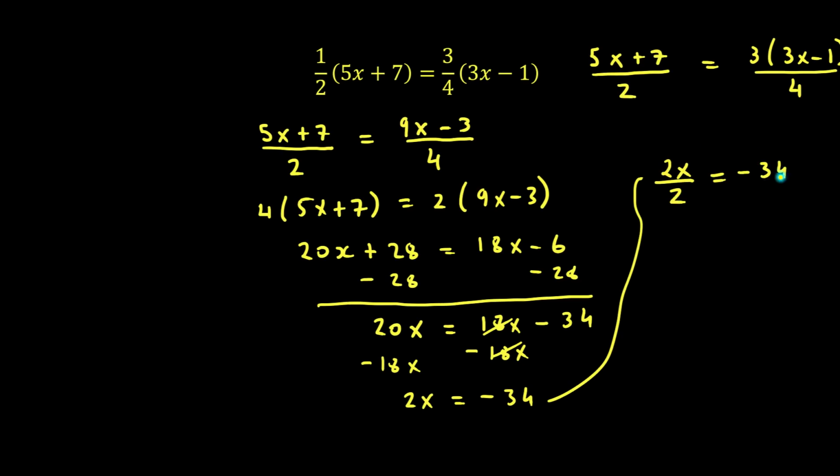So minus 34 divided by 2. So that would cancel. So that means x would equal, so there's a negative 34 divided by a positive number. That would give me negative 17. And that would be my final answer.